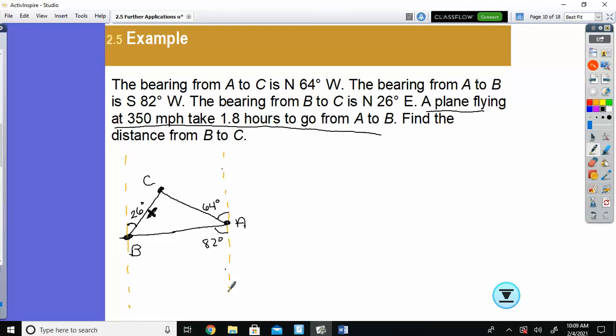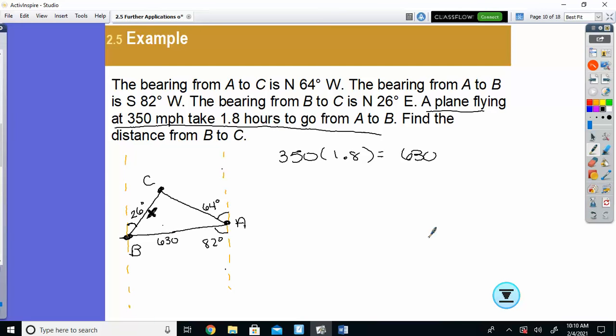You drive 50 miles in 1 hour and it takes you 2 hours, 100 miles. We multiply it. Distance is rate times time. So I'm going to take my 350 times my time, 1.8, and we get 630. So that is this distance here from A to B.